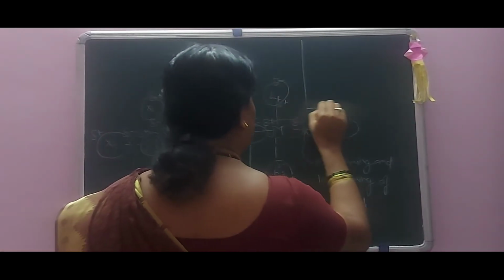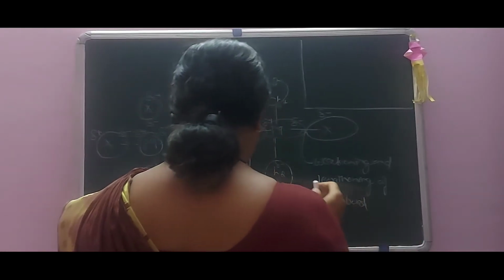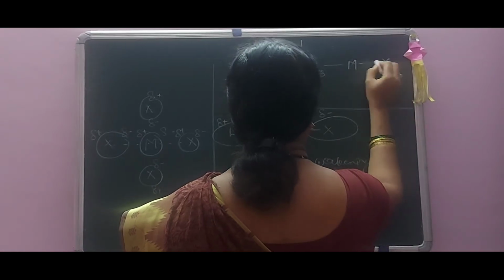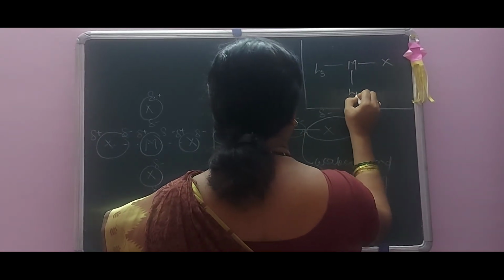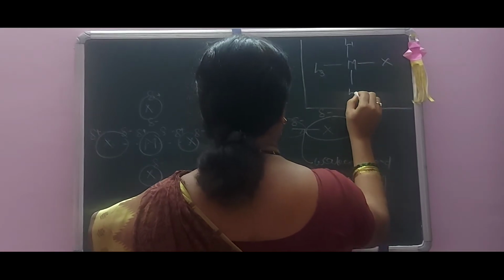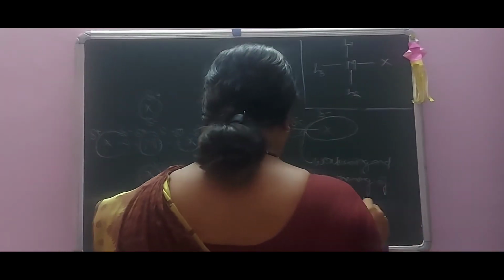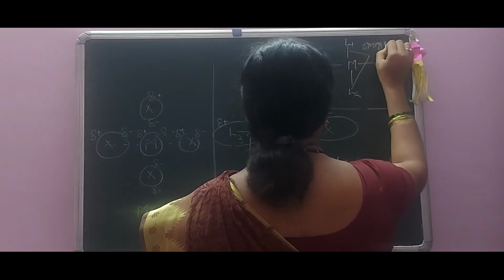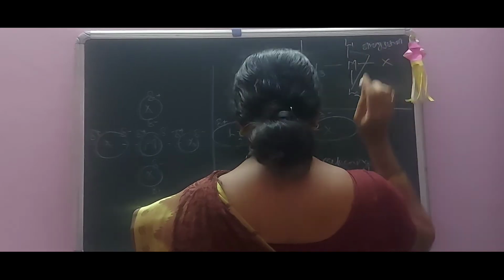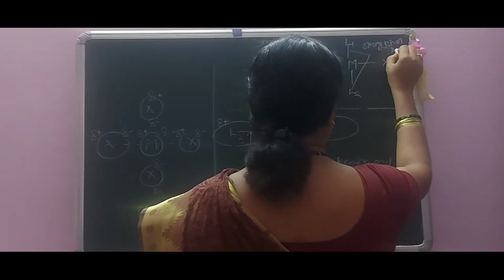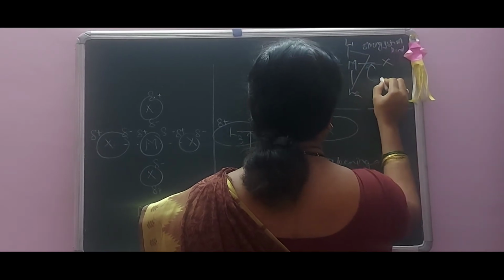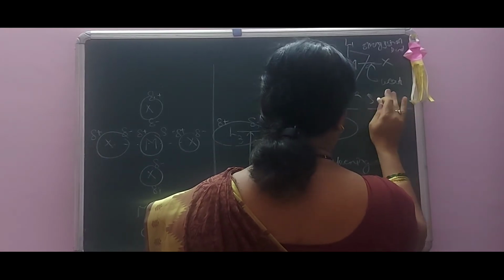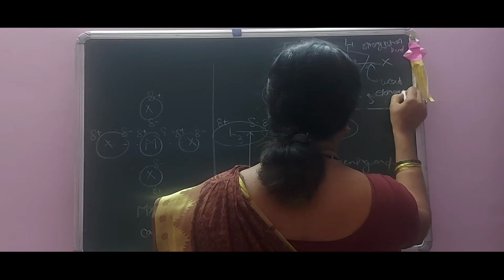Thus we get here L3, M, X, and also L1 and L2. These are the strong and short bonds, and this bond is a weak, long and elongated bond.